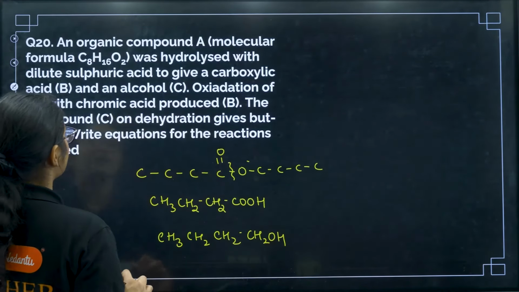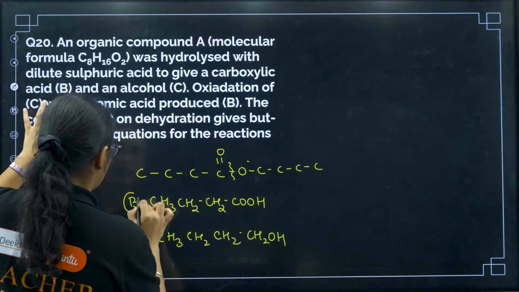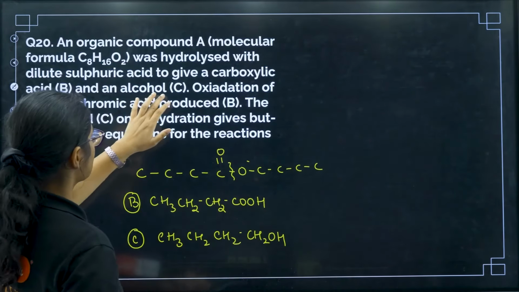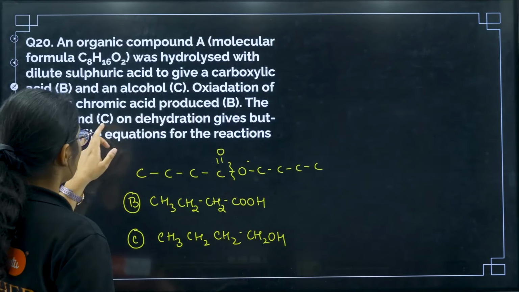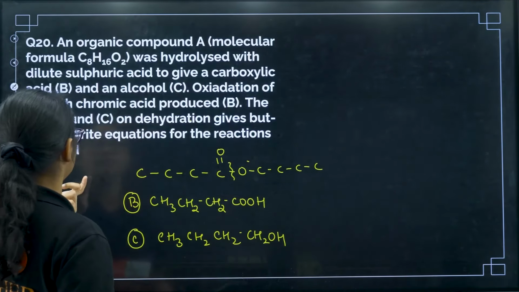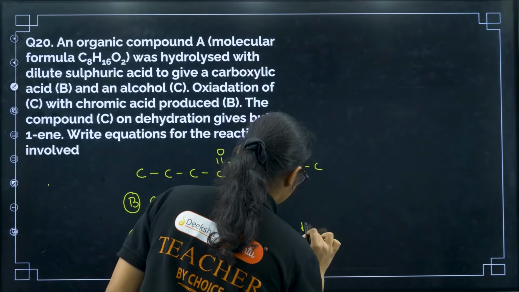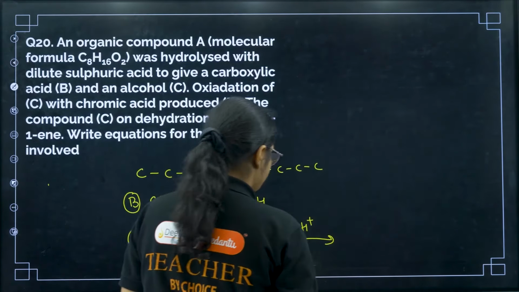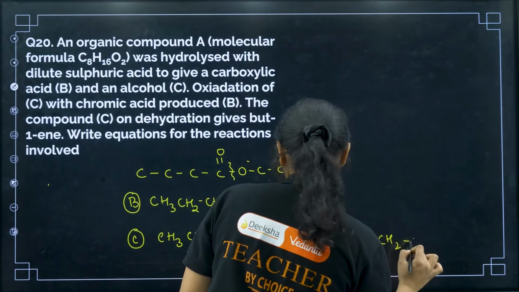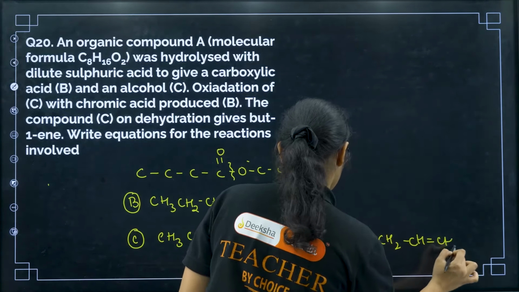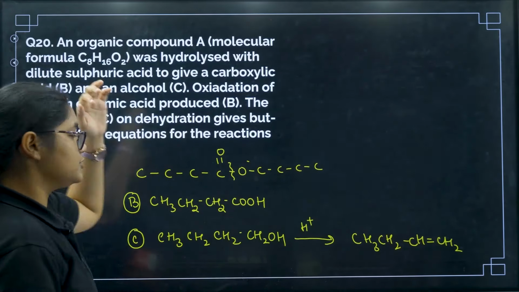So we have a carboxylic acid B and one alcohol C. Oxidation of C with chromic acid will definitely give you B. Compound C on dehydration will give you but-1-ene. If I do dehydration with conc. H2SO4 or P2O5, you will get but-2-ene. This is the product formed here. Okay, so that's all, students.